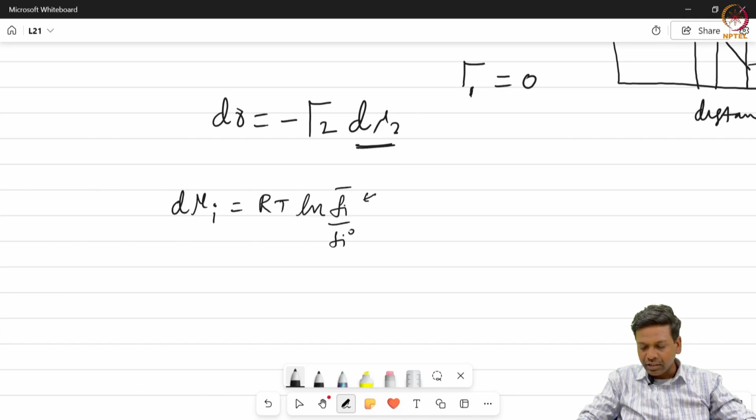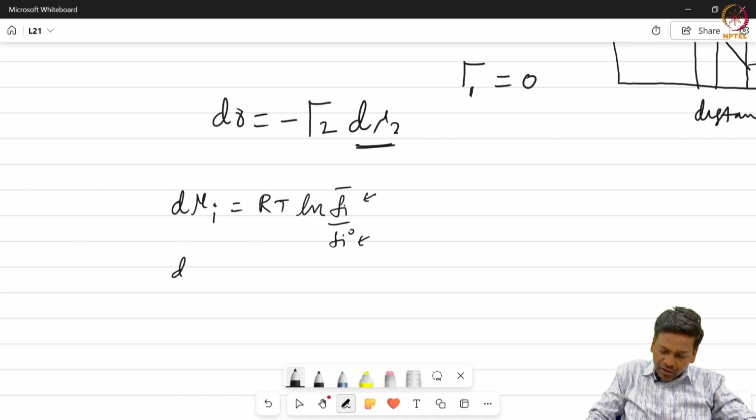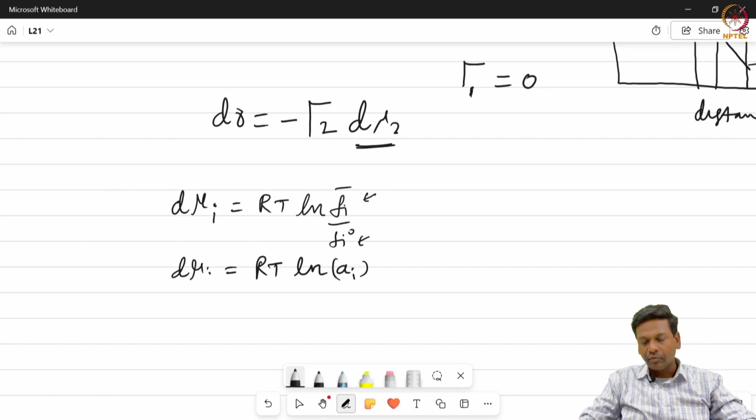This is the fugacity of the mixture at any desired condition, and this one is the fugacity of the mixture at the standard reference state. You can also explicitly denote f i bar by f i naught as ln a i, which is the activity, right? Activity itself.